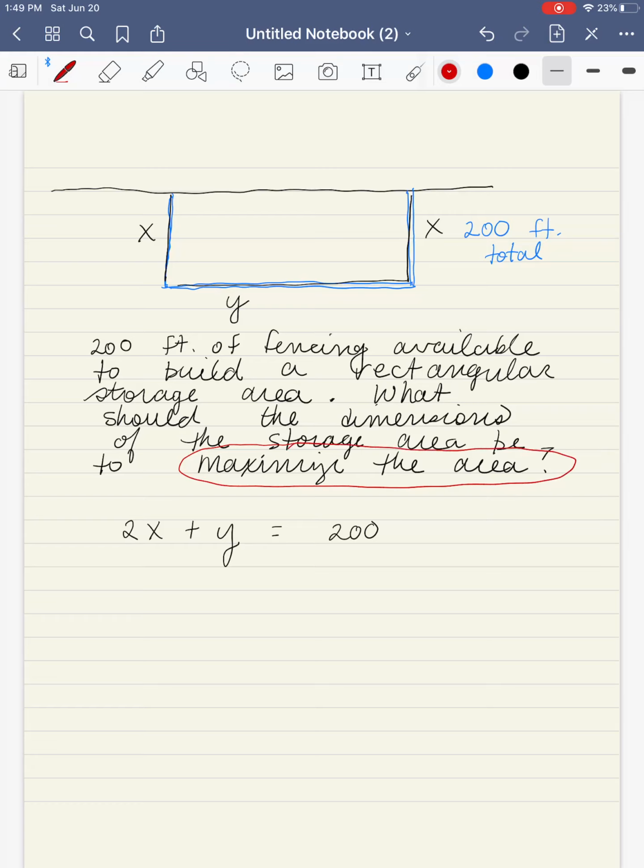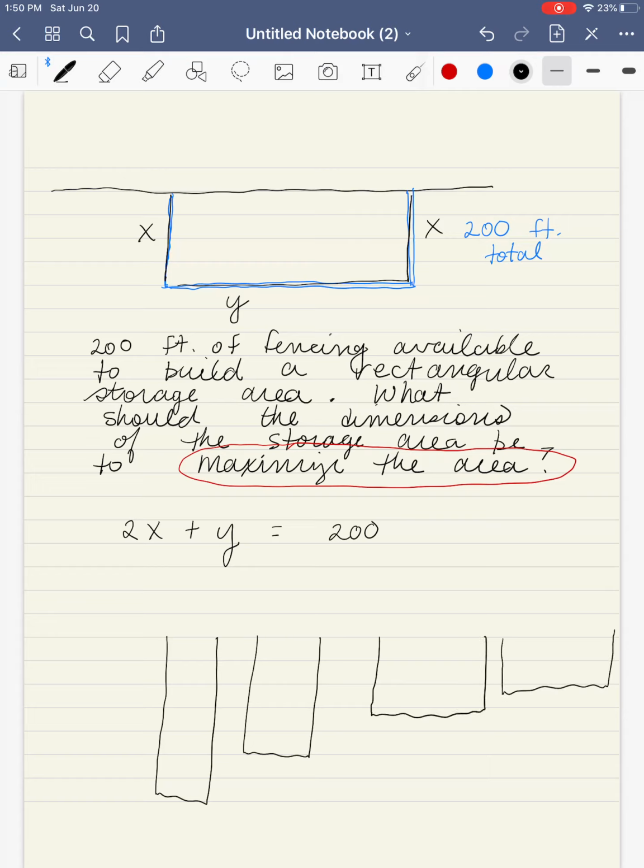What we're trying to do here is maximize area. The area of the pen will change depending upon what our sides look like, how long our sides are.